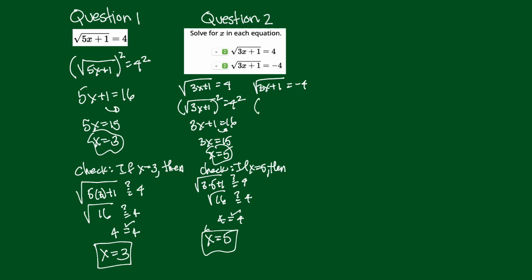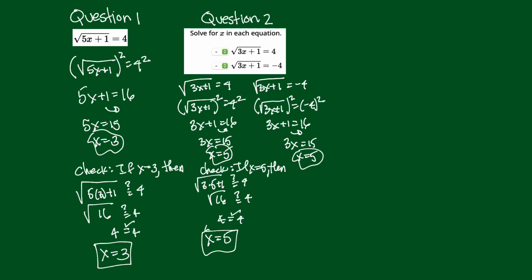Let's square both sides. So we'll get the square root of 3x plus 1 squared equals negative 4 squared. Okay, so far so good. This will give us 3x plus 1 equals 16. Well, it looks like what we just had here. So 3x equals 15, x equals 5, we think.